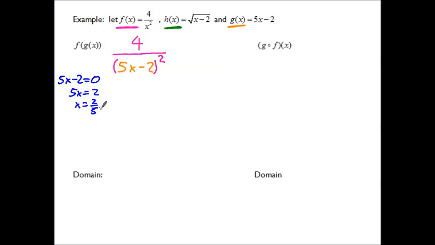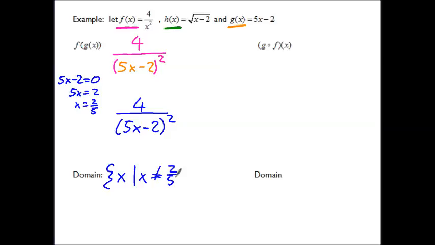Let's take another look at our function, 4 over the quantity of 5x minus 2 squared. Nothing we can really simplify here, so this is our final composed function. And our domain is x such that x is not equal to 2/5. That's that.